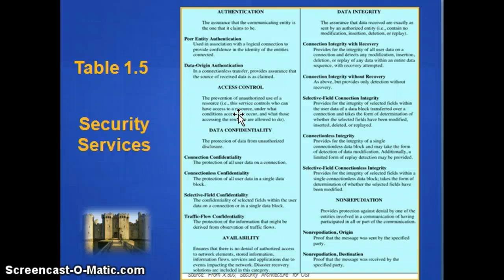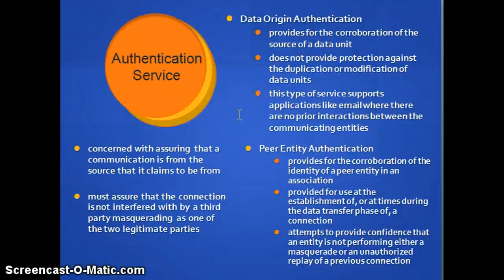Again, we have 6 categories defined by the X800 for the security services. We will go one by one.